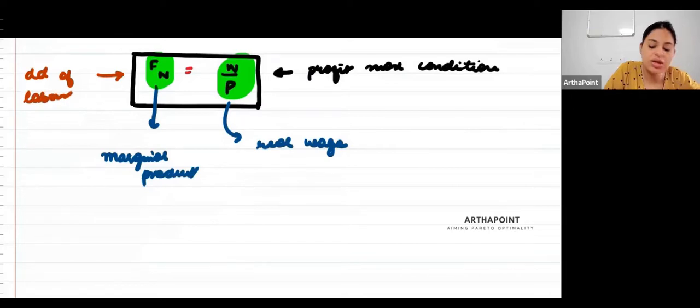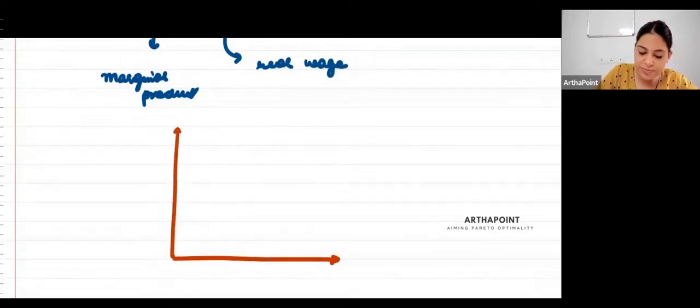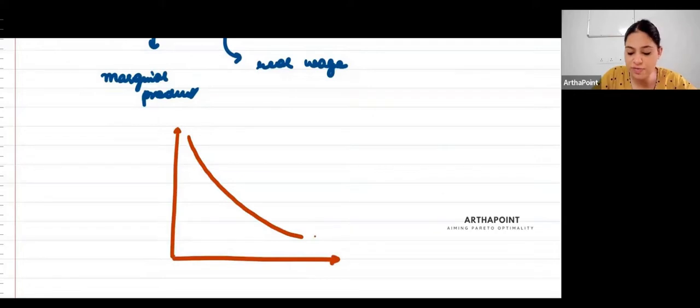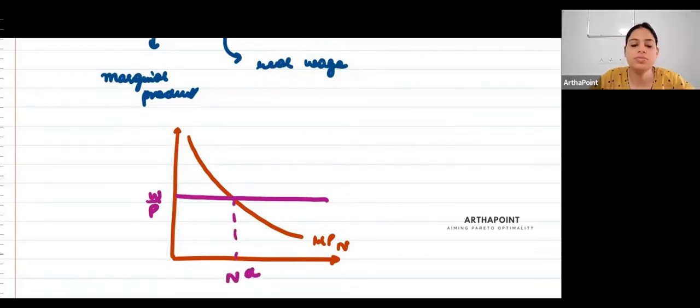Just remember that this Fn is diminishing. So this is the marginal product of labor. It is falling. Suppose I draw a constant real wage, which is W by P. So this will be the demand of labor. Now just think what is going to happen as your wage increases.